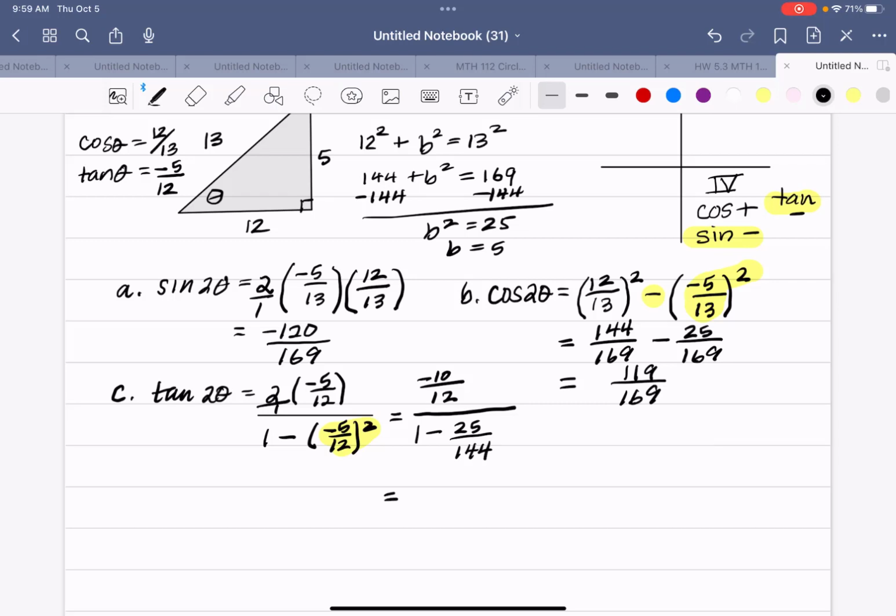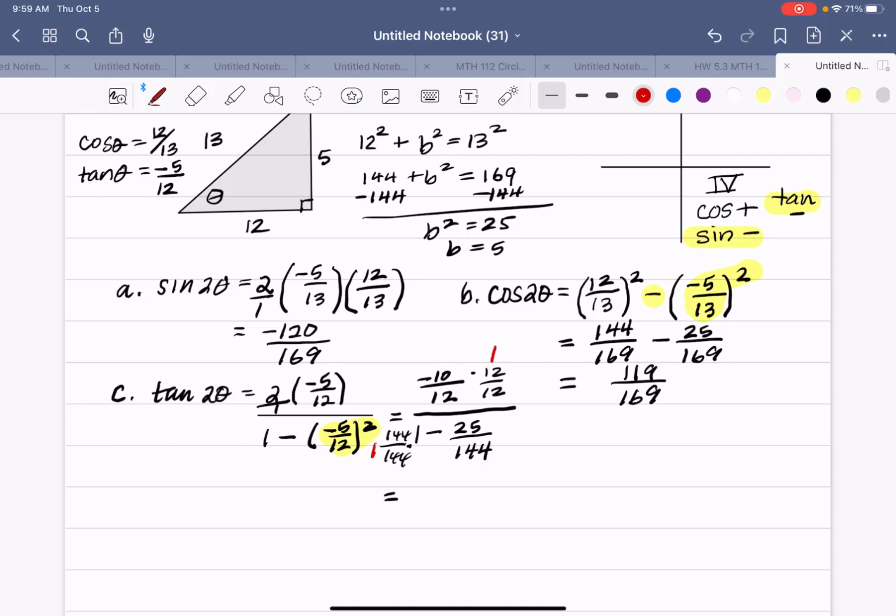So I'm going to need 144s for all of my denominators. So I'm going to multiply top and bottom of this by 12, top and bottom of this by 144 over 144, okay? Now, I don't have to multiply that last fraction because, look, we're just multiplying these fractions by 1, and we're not changing the actual value of anything because we're multiplying by 1.